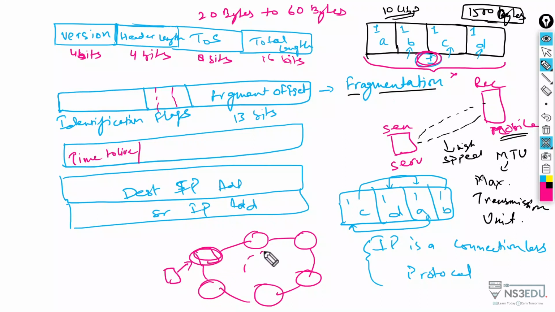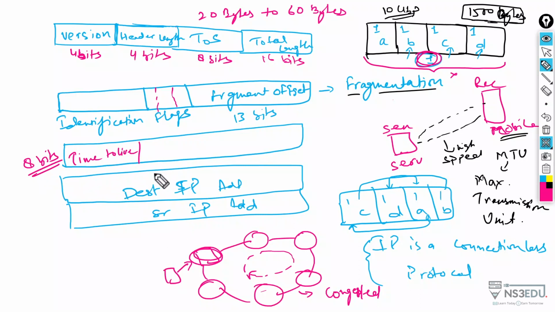This loop is very dangerous, because it will make the network congested, because there are many loops going on. That's why we use the time to live field. It is a very small field, just 8 bits.